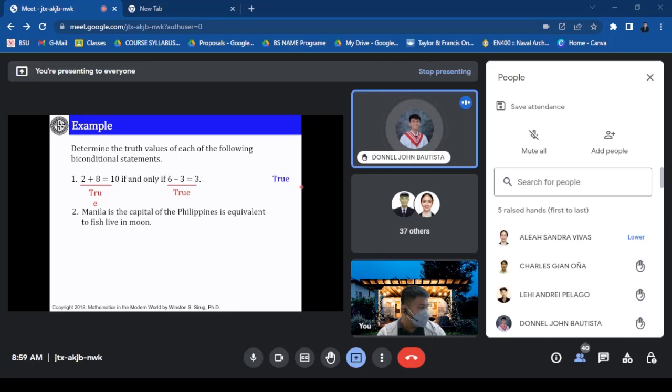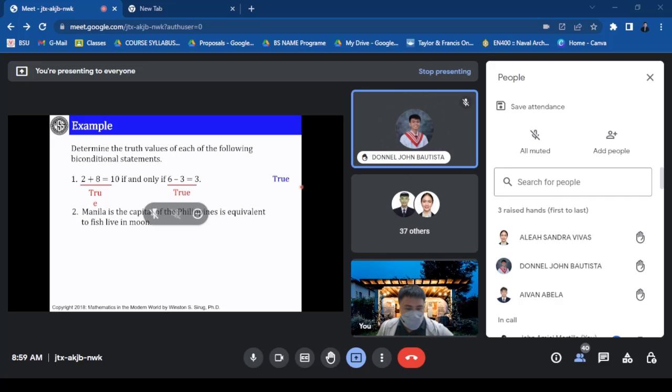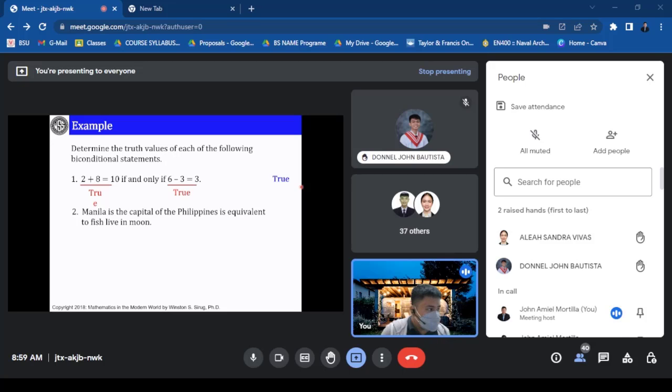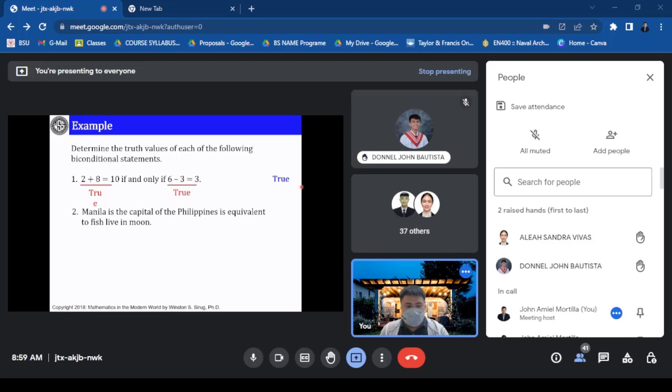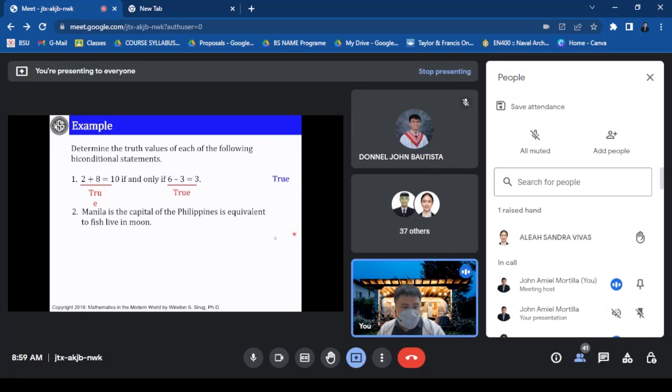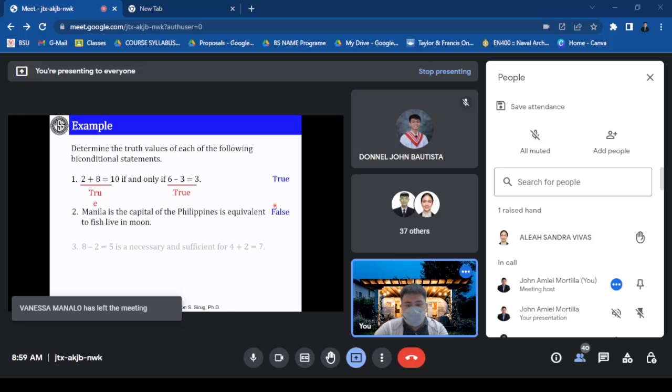They have opposite truth values po, the two statements. Okay, opposite truth values. Which one is true, which one is false? True po is Manila is the capital of the Philippines. Then fish live in the moon po is false. Okay. So, since our values are conflicting, it is false.